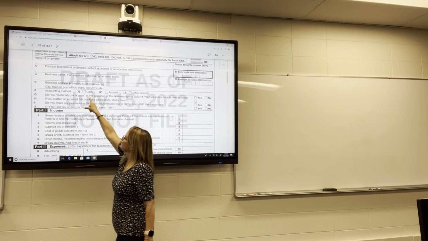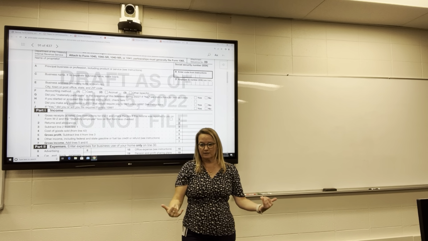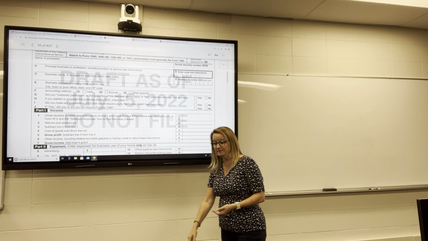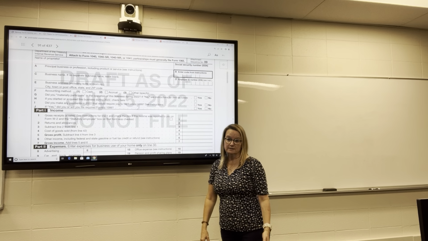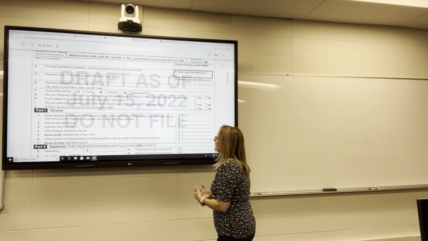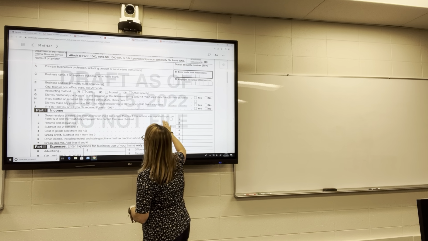But for the most part, we are on a cash basis. And we talked about cash basis accounting right at the very start of this class, that we are going to record our income when we receive it, not when we earn it, and we're going to record our expenses when we incur them, right? So we don't have those accruals and prepaids and all of that stuff.